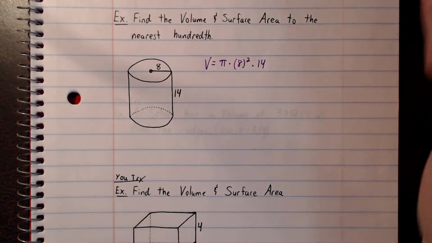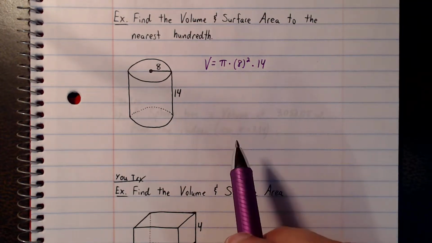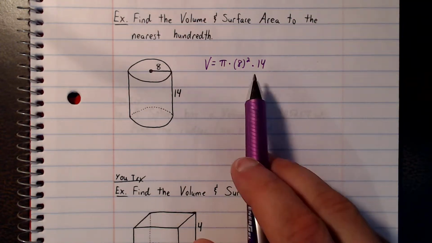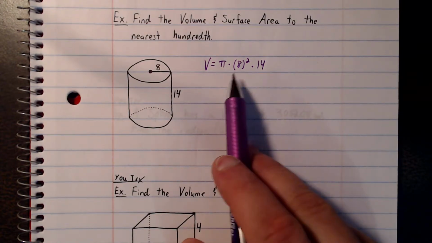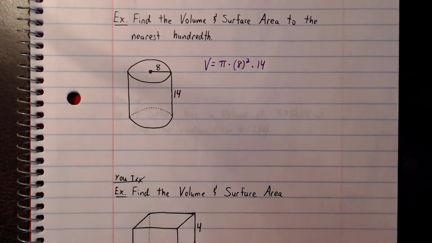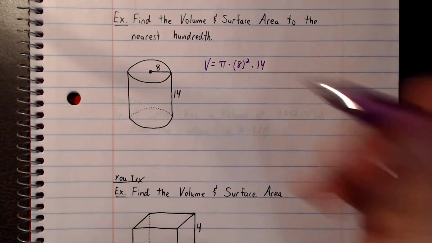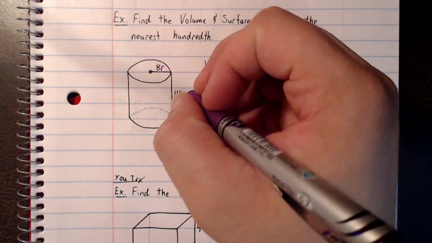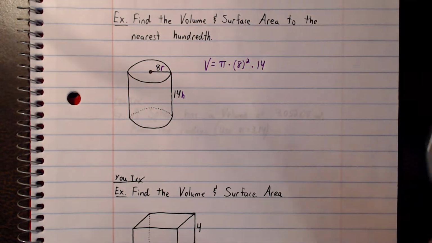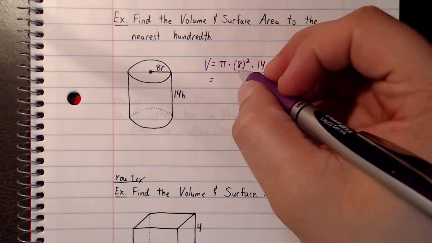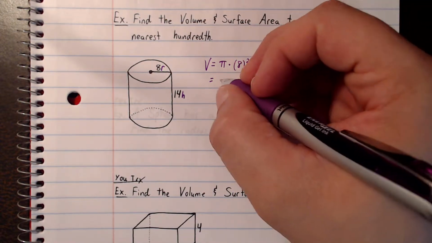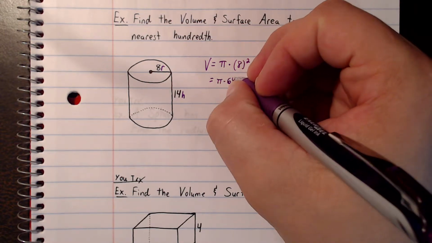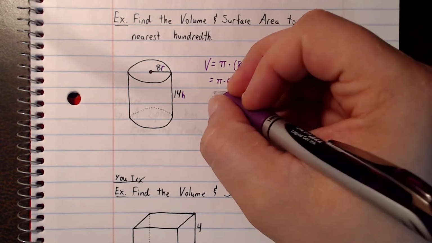Now, in class, I go over exactly where these formulas come from. Why is it pi times radius squared times height? I explain all those in class. So, as far as where those numbers came from, if you want to quickly take a second to label them before you just plug them in. Anyways, let's see. That's pi times 64 times 14.